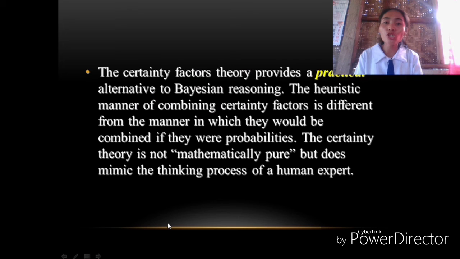The certainty factors theory provides a practical alternative to Bayesian reasoning. The heuristic manner of combining certainty factors is different from the manner in which they would be combined if they were probabilities. So they can be combined, or they are probabilities. The certainty theory is not mathematically pure, but does mimic the thinking process of a human expert.